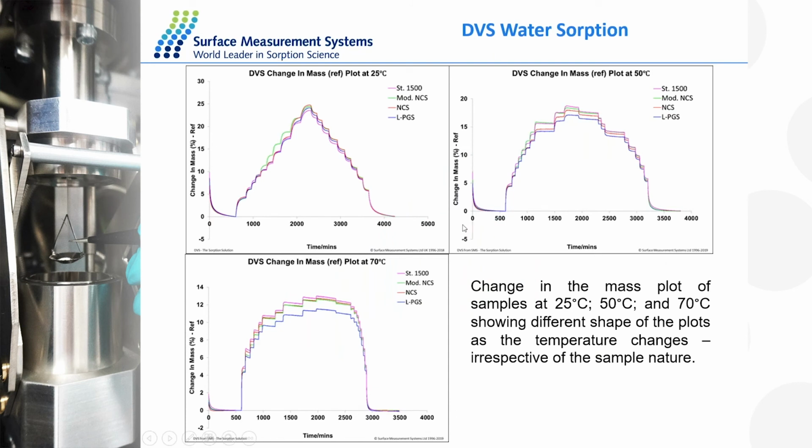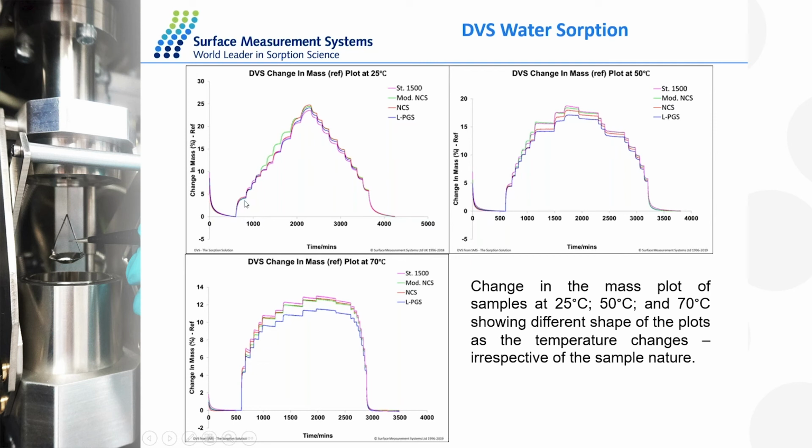So here we have 3 different plots at different temperatures. We have all 4 samples at 25 degrees Celsius, 50 degrees Celsius, and 70 degrees Celsius. And we can see that the graph shapes change with increasing temperature.